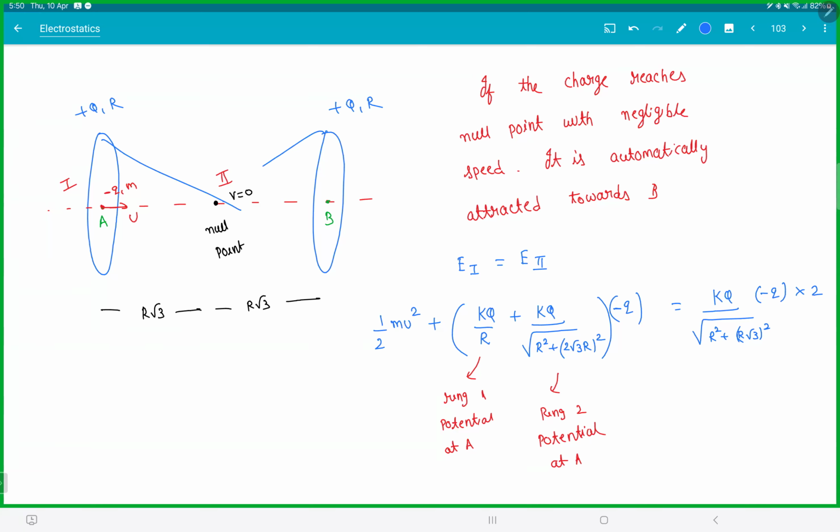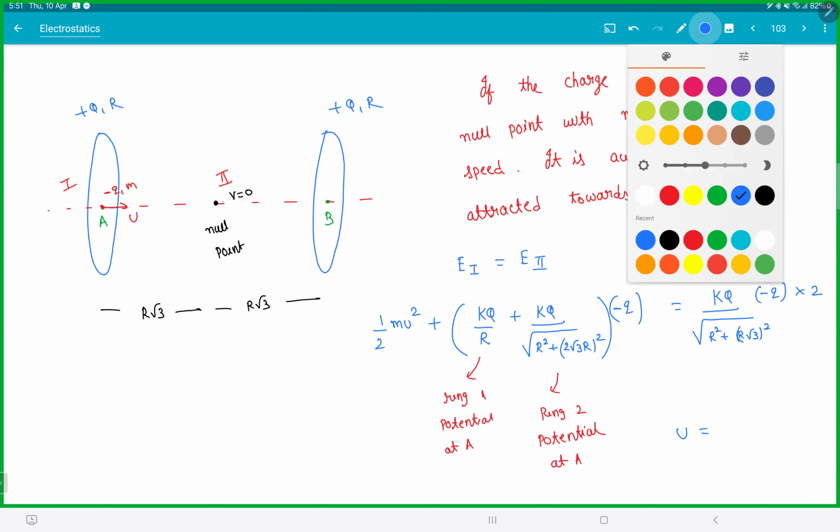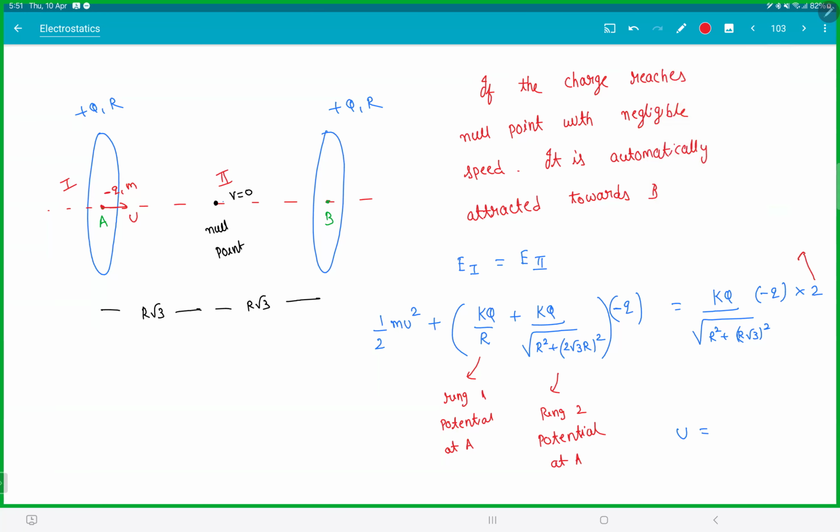Here also you have to take the potential of both, right? So every point you have to consider two potentials due to both the rings. Is this understood, everyone? There you got everything there. Solve it, you'll get the answer. So into 2, because there are two rings.